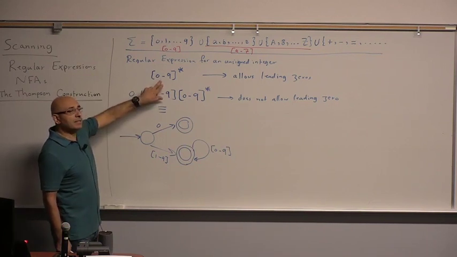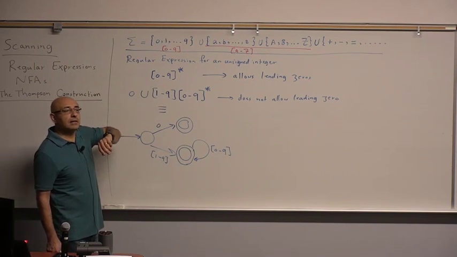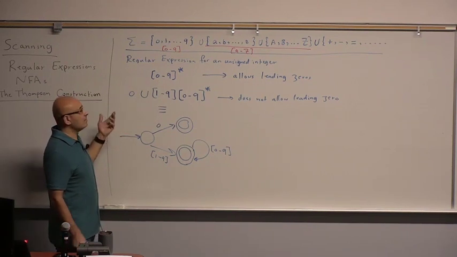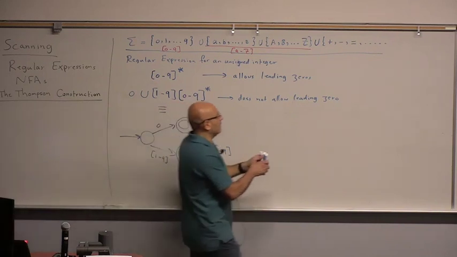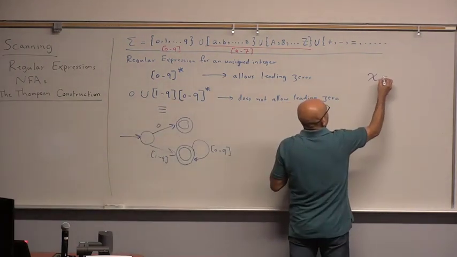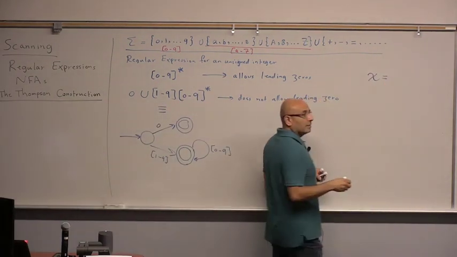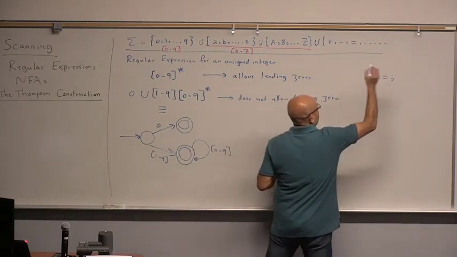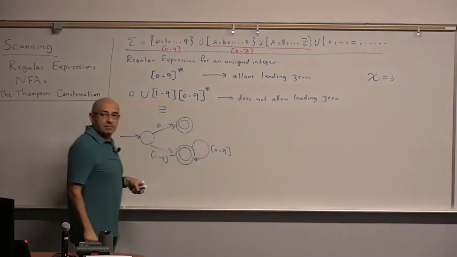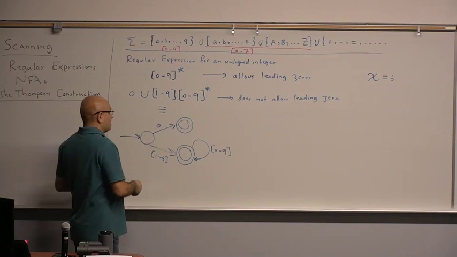What is the bad thing that is allowed here? It allows an empty symbol. Yeah, an empty symbol. So this will allow you to write something like x equals nothing. But this is not what we want.